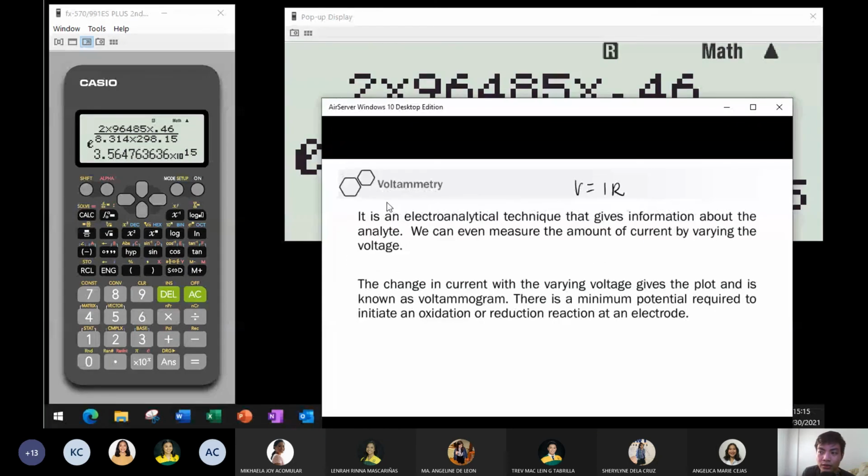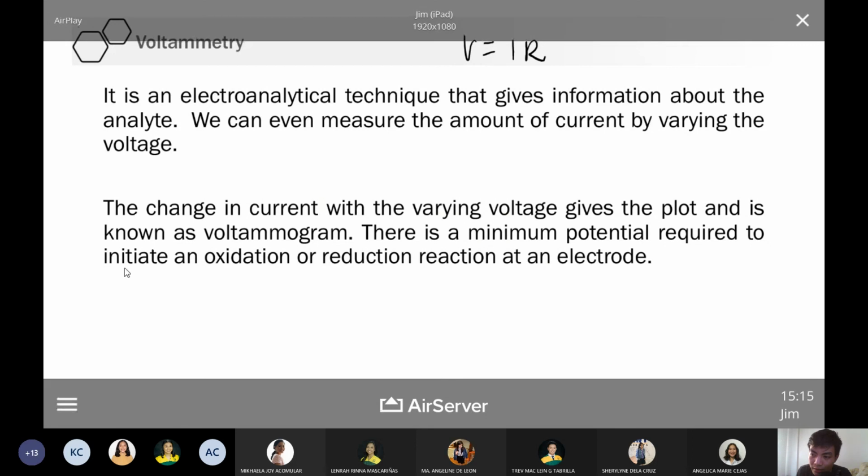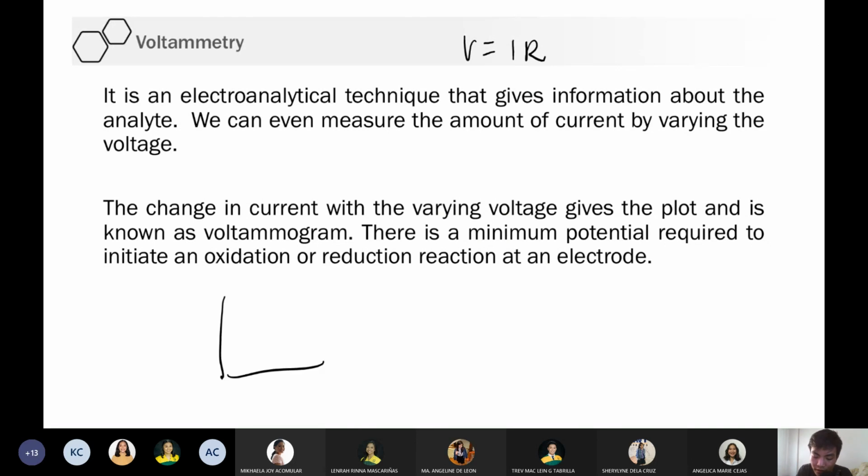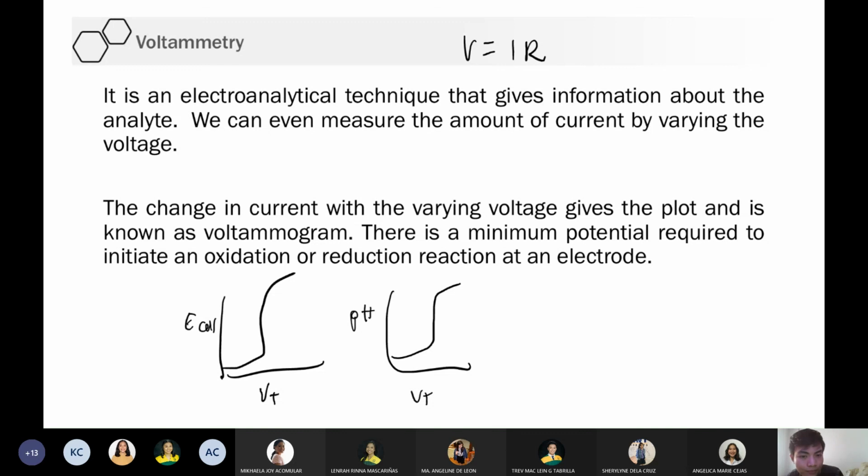And the appearance of a voltammogram is very different. Let me show you an example. In potentiometry, this is what it looks like: you have the E cell, then the volume of titrant. In acid-base, you have the pH, then the volume of titrant. In voltammetry the shape is different, so we'll just go over this.